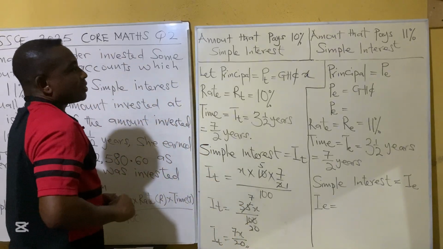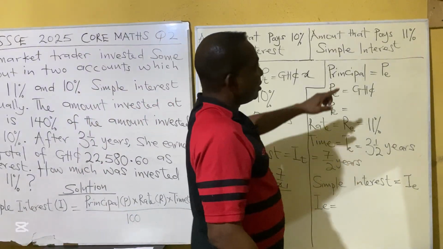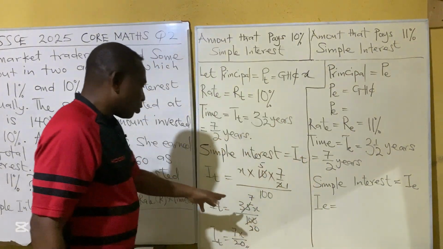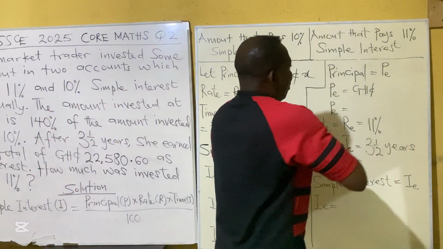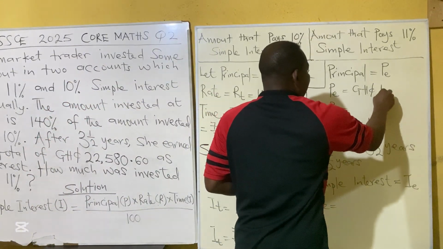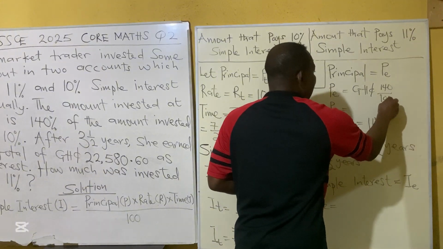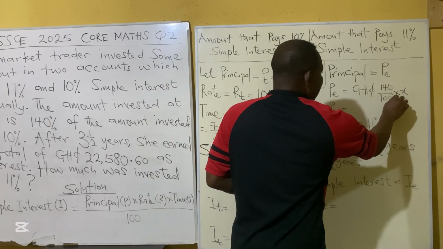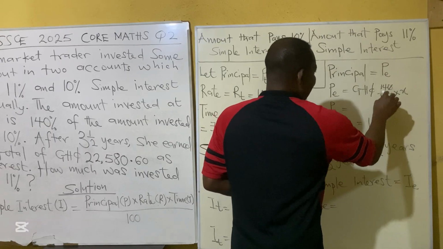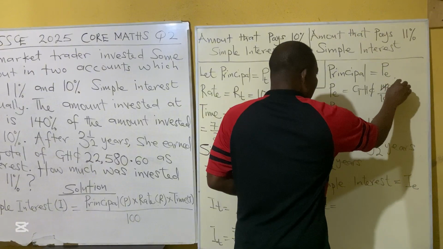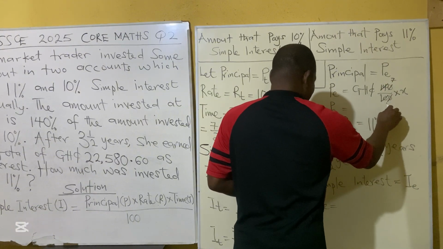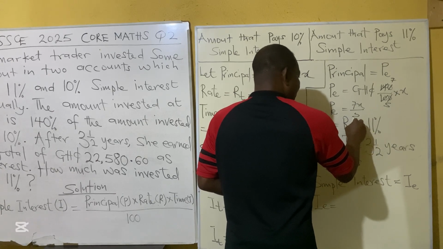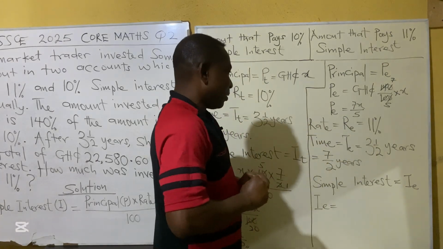Now, let's look at the account that pays 11% simple interest. Here, the principal, as we are told, is 140% of x. So here, 0 cancels 0, 2 goes into 14, 7, 2 goes into 10, 5. So we have 7x over 5 for the principal.